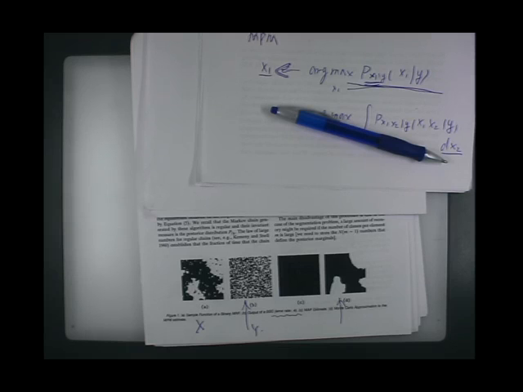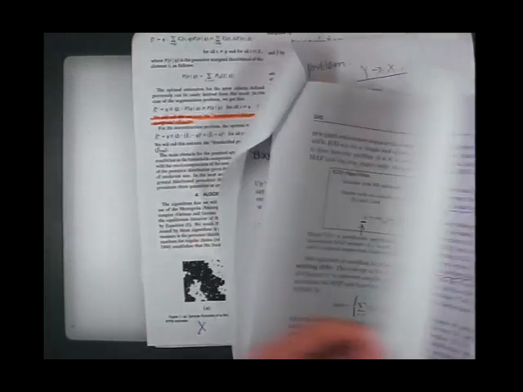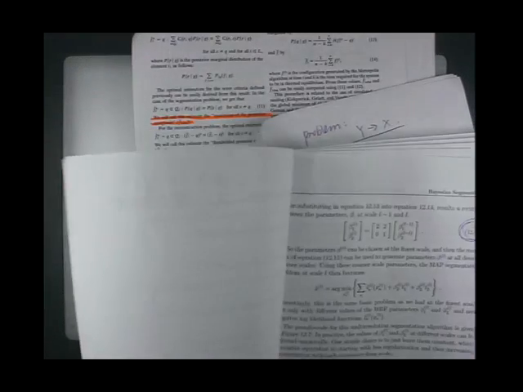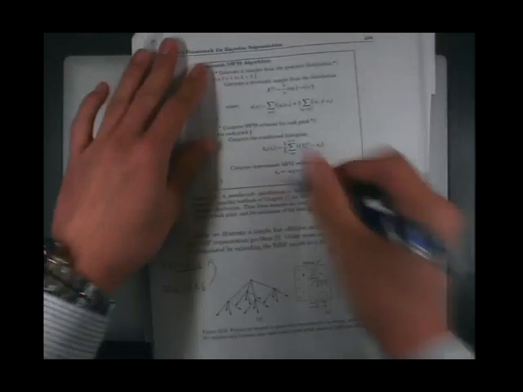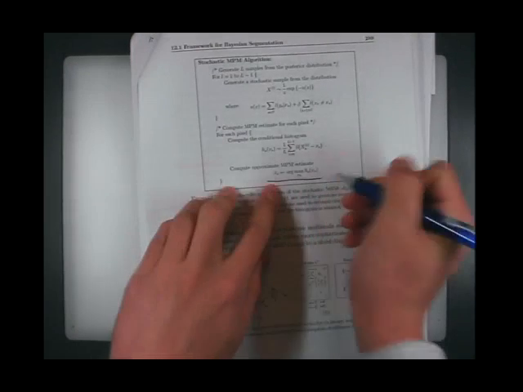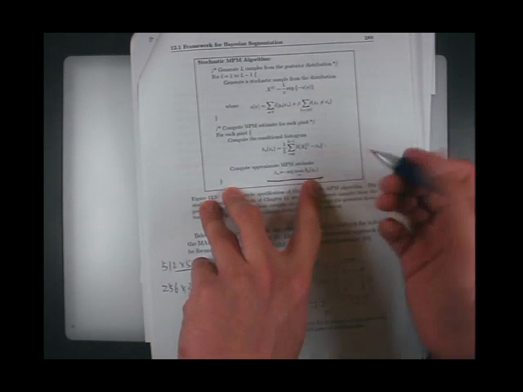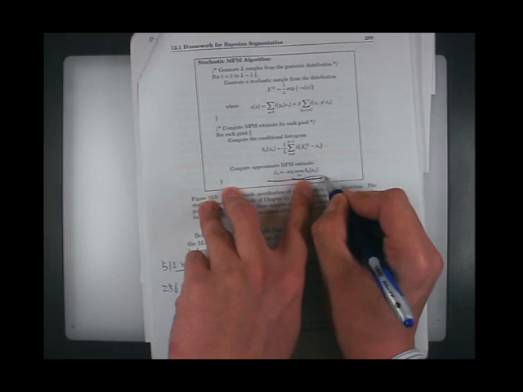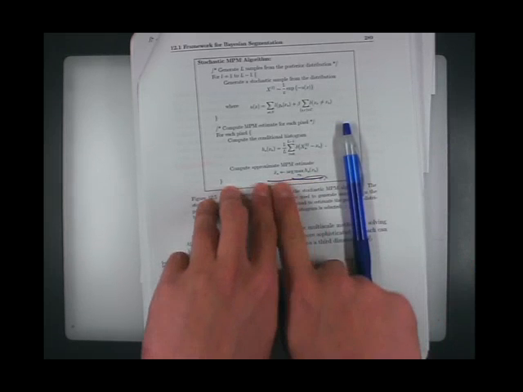It's a little bit tricky question, to be honest. How do we update MPM to maximize this normalized histogram? This is how we update that.